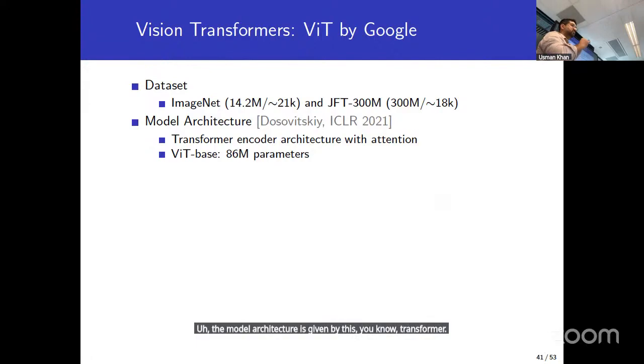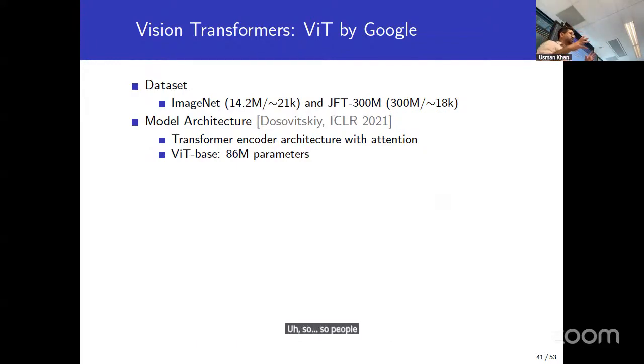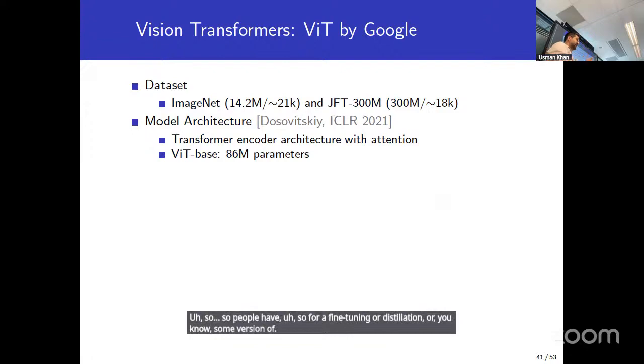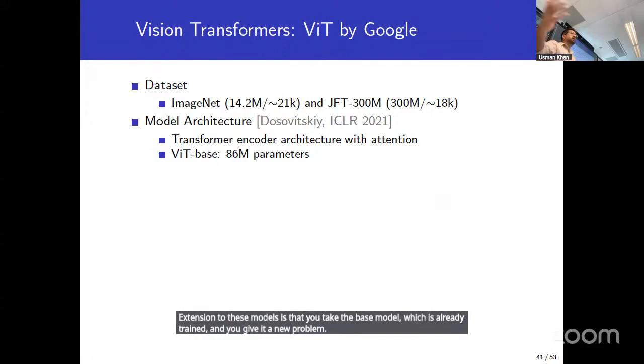transformer-based architecture. And the base model has 86 million parameters across several layers of attention and stuff. So for fine tuning or distillation or some version of extension to these models, you take the base model, which is already trained, and you give it a new problem, and you see how well it does on the new problem.